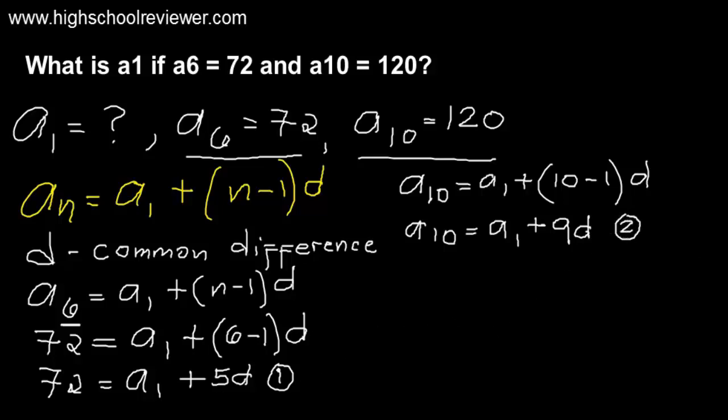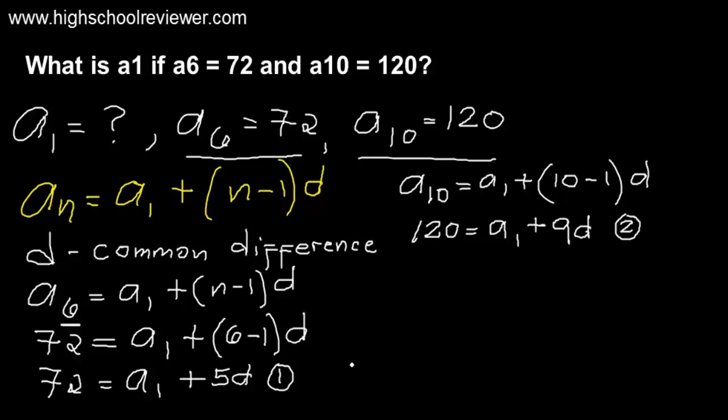Now, looking at the two equations, we can see that if we subtract equation 1 from equation 2, first we have to change this a sub 10 to its value. The value of a sub 10 here is positive 120.